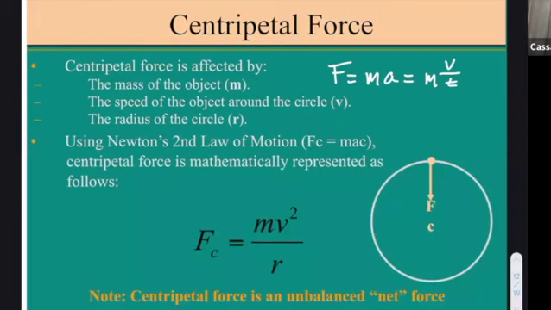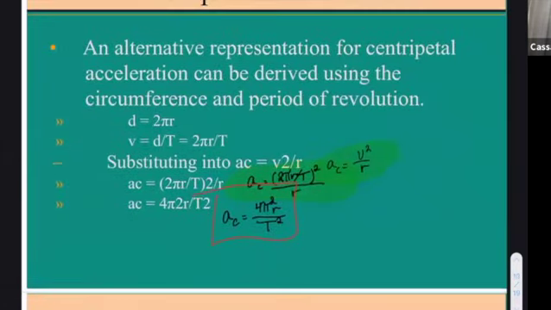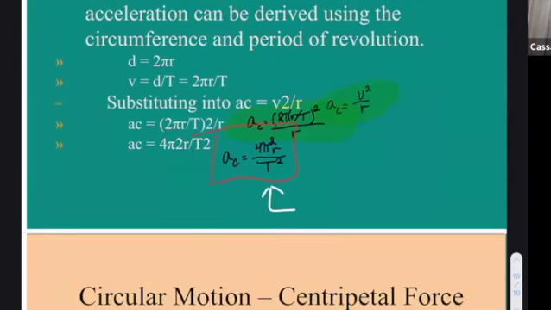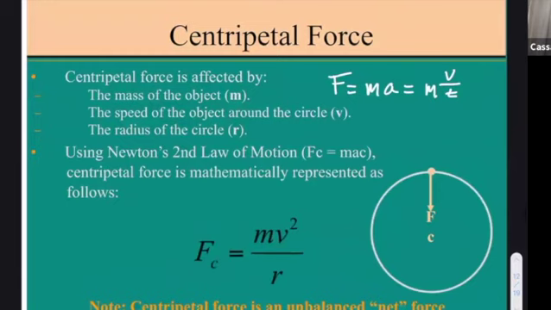Using Newton's second law of motion, where we have centripetal acceleration, going back to this here, we come to this final formula: the centripetal force is equal to mass times velocity squared all over the radius.